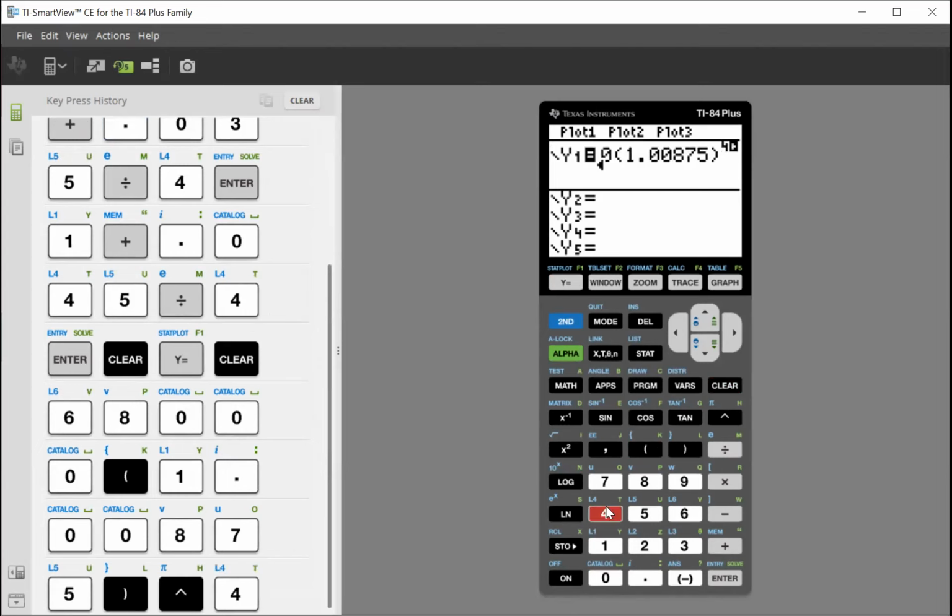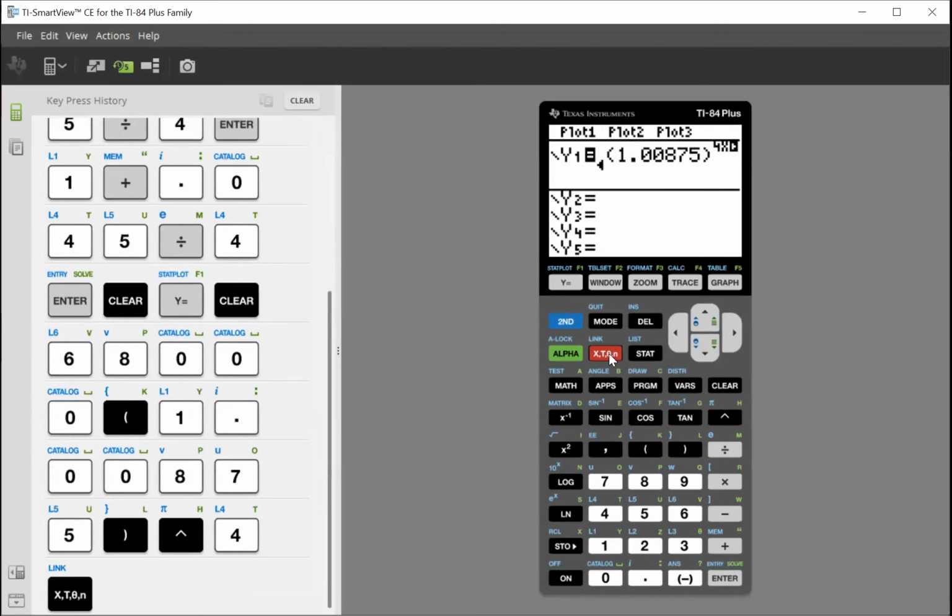On the calculator, you've got to use the x's. Okay, don't put a t there. Put your x on that calculator. Now, I'm going to hit second graph to pull up my table.